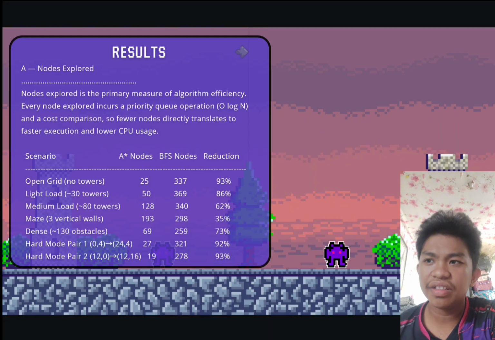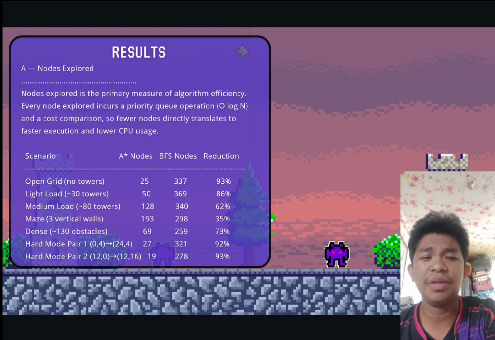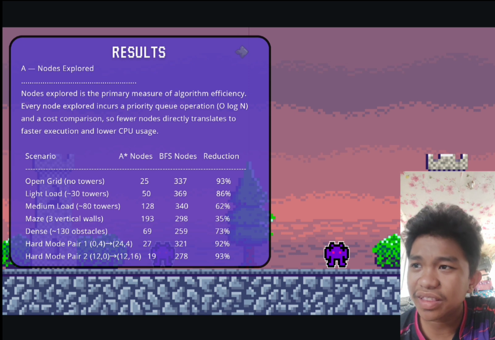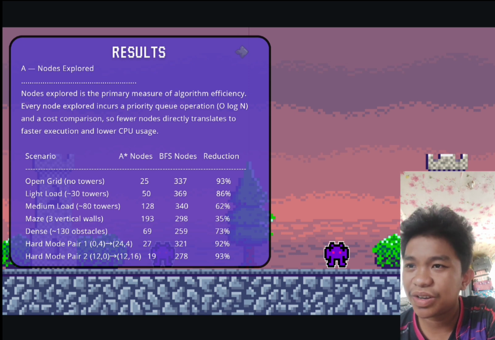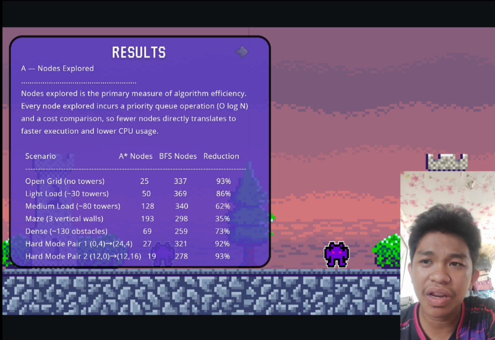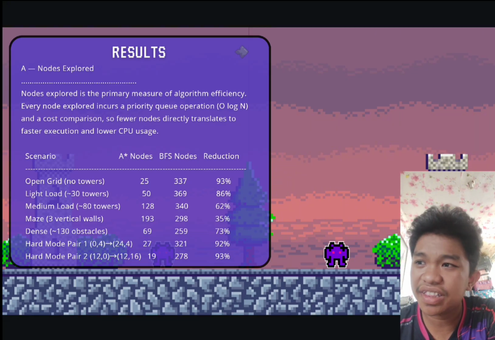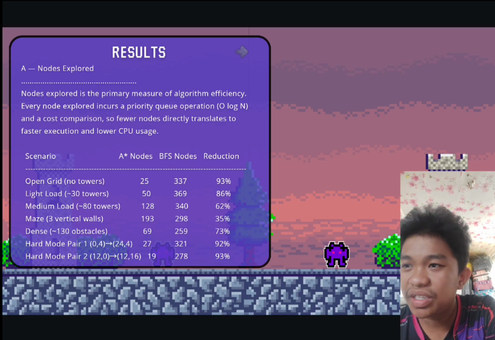A-star consistently explores fewer nodes than BFS across all scenarios. The most dramatic reduction occurs on open or lightly blocked grids, where the Manhattan heuristic can guide A-star in a near straight line from spawn to exit.